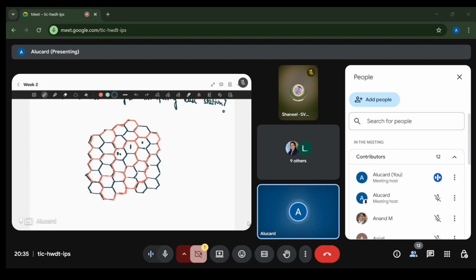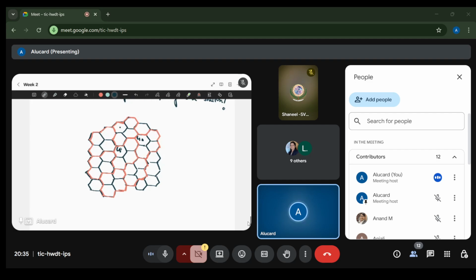If that is how the labeling is done, if I call this cell C0, then its co-channel is this particular cell, call it C1, this cell C2, this cell C3, this is C4.